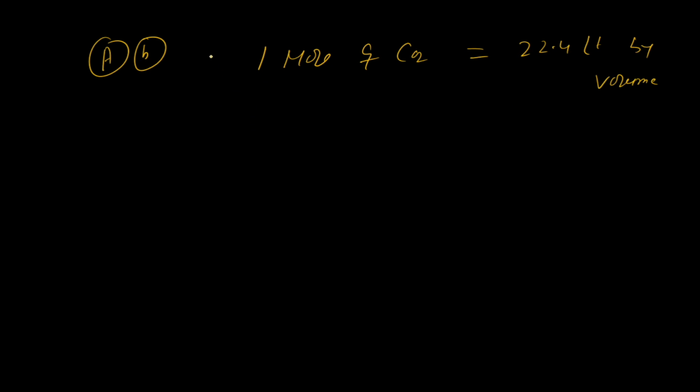You use the unitary method. Therefore, 1.5 mole of carbon dioxide will have 22.4 divided by 1 into 1.5. Whatever comes, that will be the answer. So it will be 33.6 liter at STP.